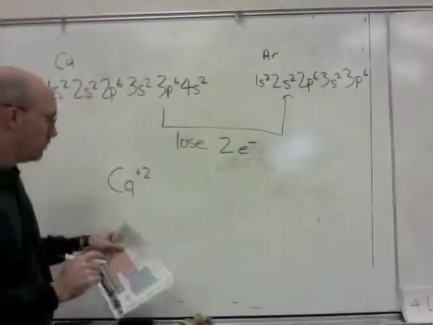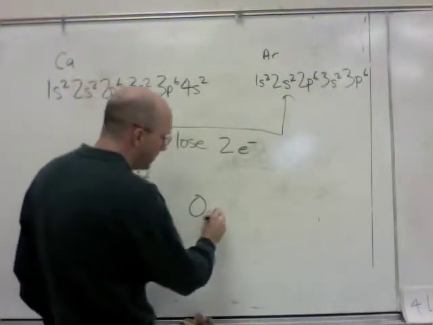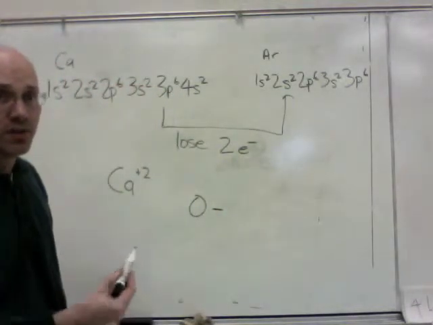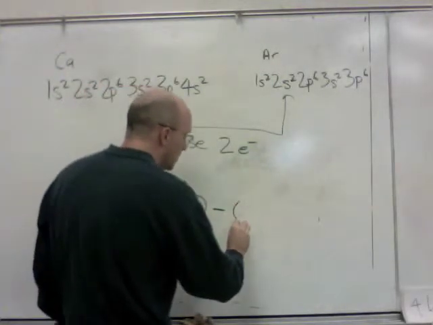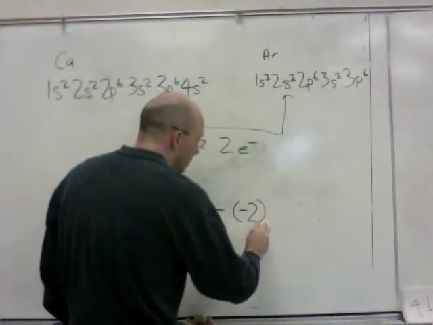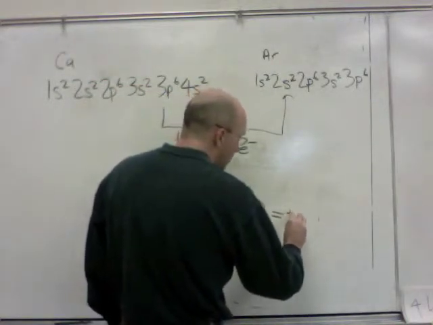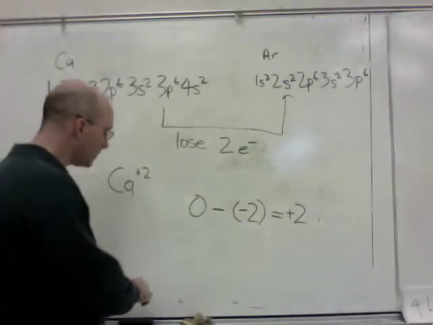Mathematically, when it's neutral, its charge is 0. If you want to think mathematically, when something loses something, that's the same as saying minus. If it loses 2 -1 charges, that results in a charge which is +2.